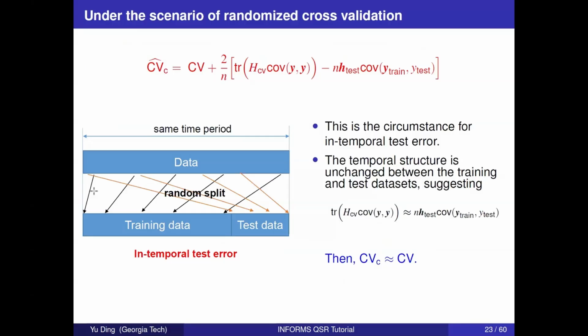So the first term in the bracket and the second term in the bracket more or less cancel each other. So if you do the in-temporal test error, you can actually use the regular cross-validation just as is, and it's going to produce the same thing as the more fancy correction, the CVc, that small c meaning the cross-validation correction.